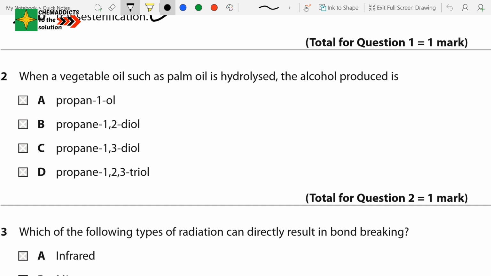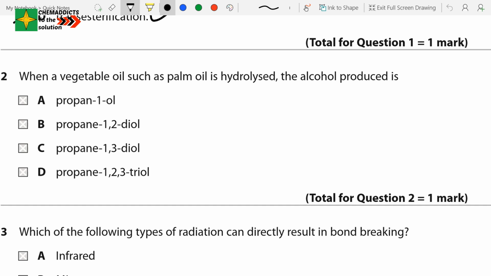So before solving this question, let us go through some of the concept regarding this question. Here we are doing the hydrolysis of vegetable oil.